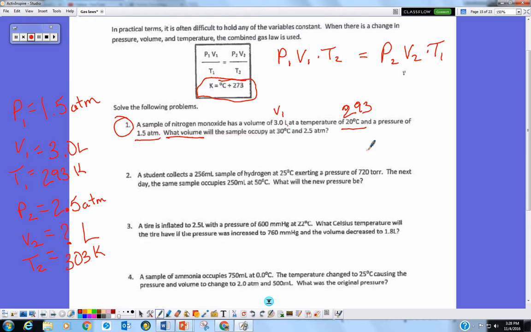So let's go ahead and do our work. Just to make things nice and neat, I'll make my answer box right there. I'll do my work over here. So let's go ahead and plug it in. P1, 1.5 atmospheres times volume 1, 3.0 liters.